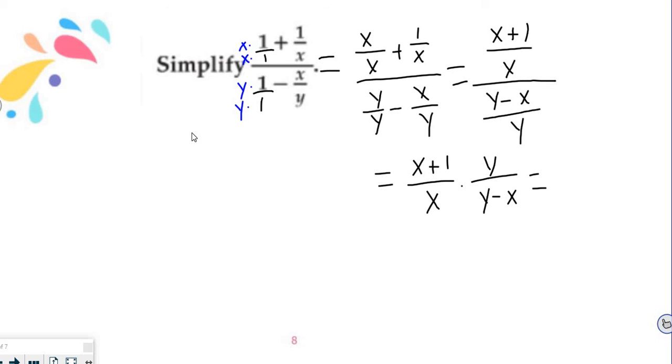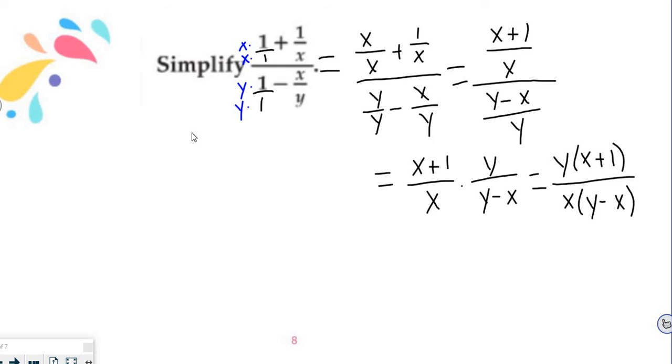Do we have any common factors that we can reduce? No. Nope. So we're just going to multiply straight across. And that would be our final answer. Are we all okay with that?